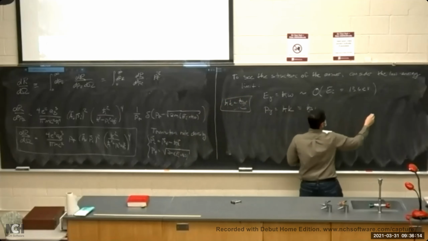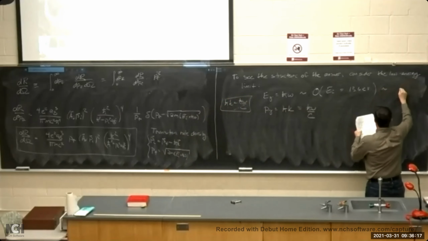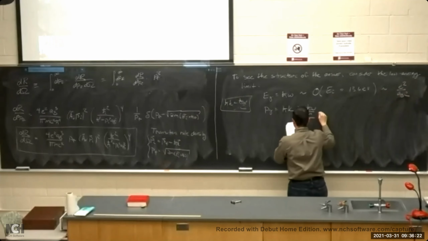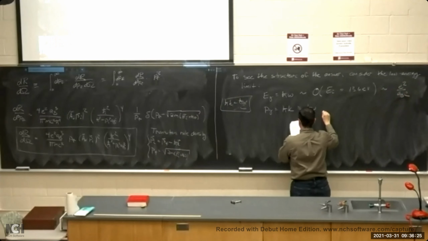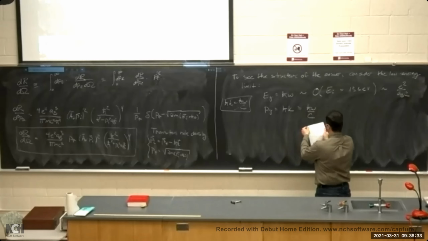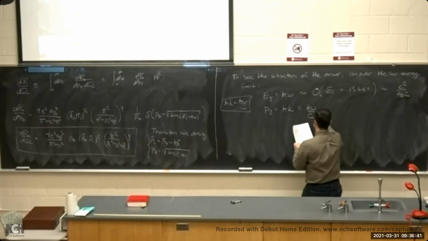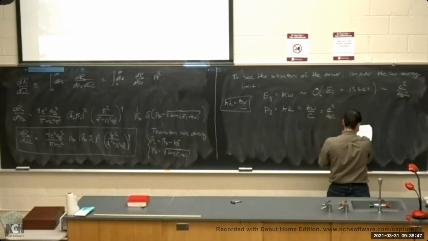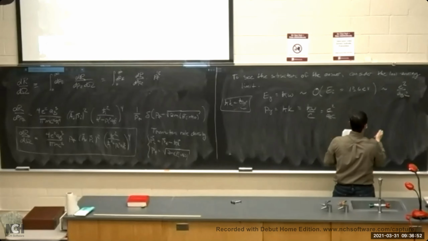So if my photon energy is on the order of the ground state energy, e² over Bohr radius, then the photon momentum that goes along with it is e² over Bohr radius times c.